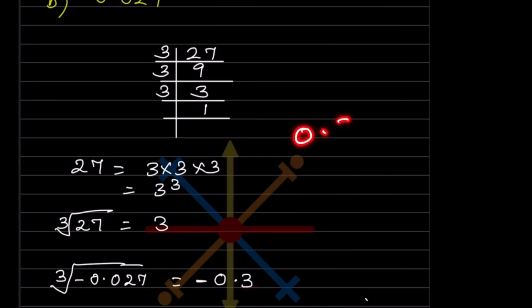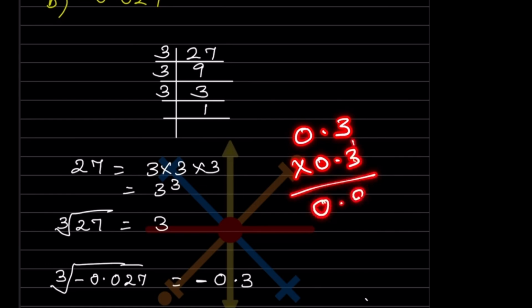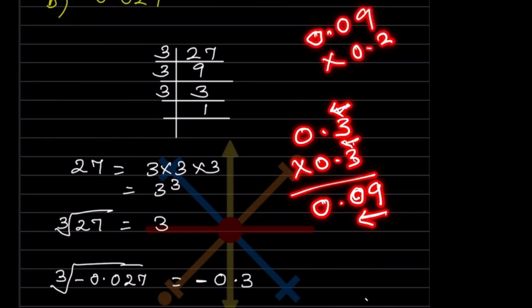And you can just check it. 0.3 into 0.3 is going to be 0.09, because this will be 1 and this will be 2, so there will be 2 decimal places, 0.09. Again, what will you do? 0.09 multiplied by 0.3. First, 9 threes are 27. And how many decimals do we have? That is 2, and this is 1, so 3 altogether.